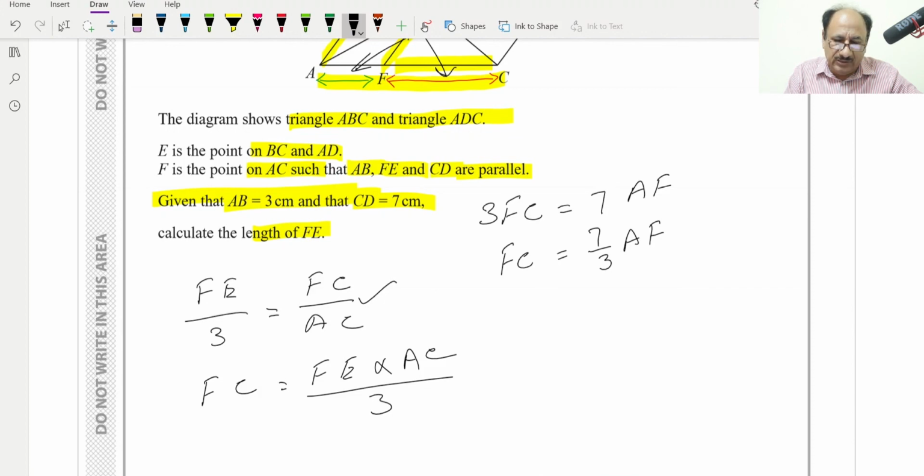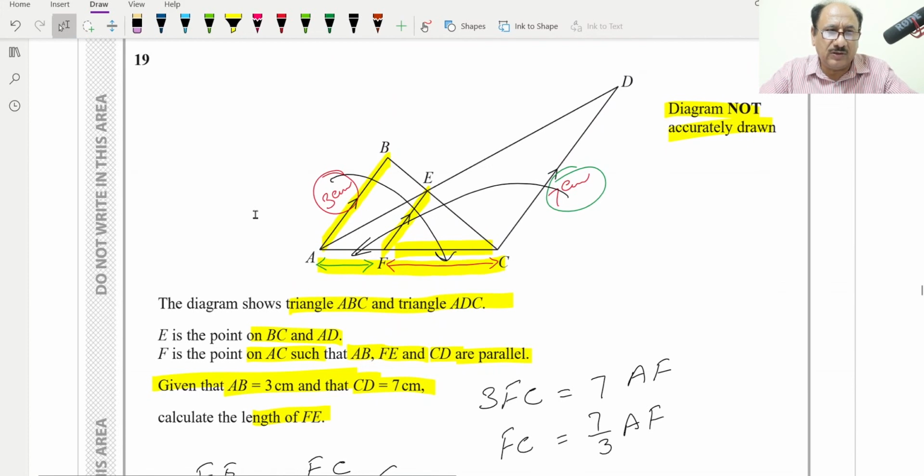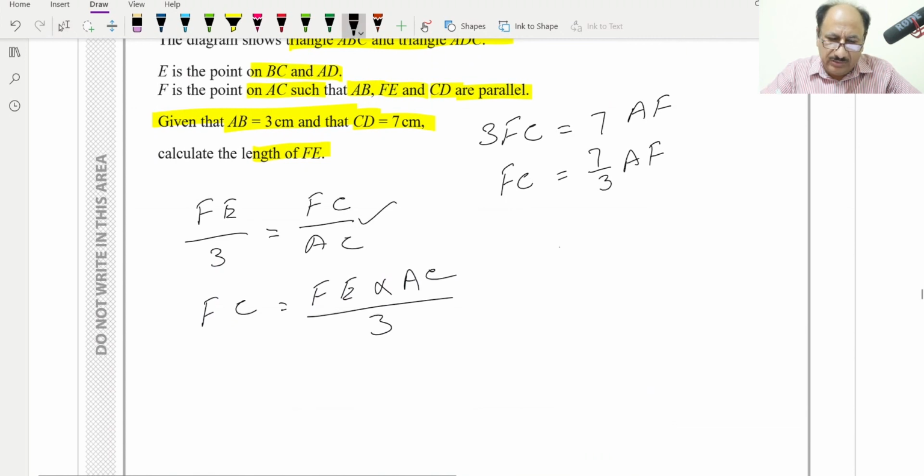Now FC is equal to, we know this is equal to what? FE over 7. Our equation was this one, FE over 7. We can write the equation FE over 7 is equal to AF over AC.